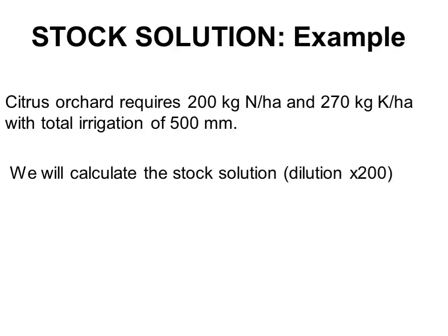So let's consider a citrus orchard requiring 200 kilograms of nitrogen per hectare and 270 kilograms of potassium per hectare, with a total seasonal irrigation of 500 millimeters. And we want to calculate a stock solution with a dilution of 200 times.